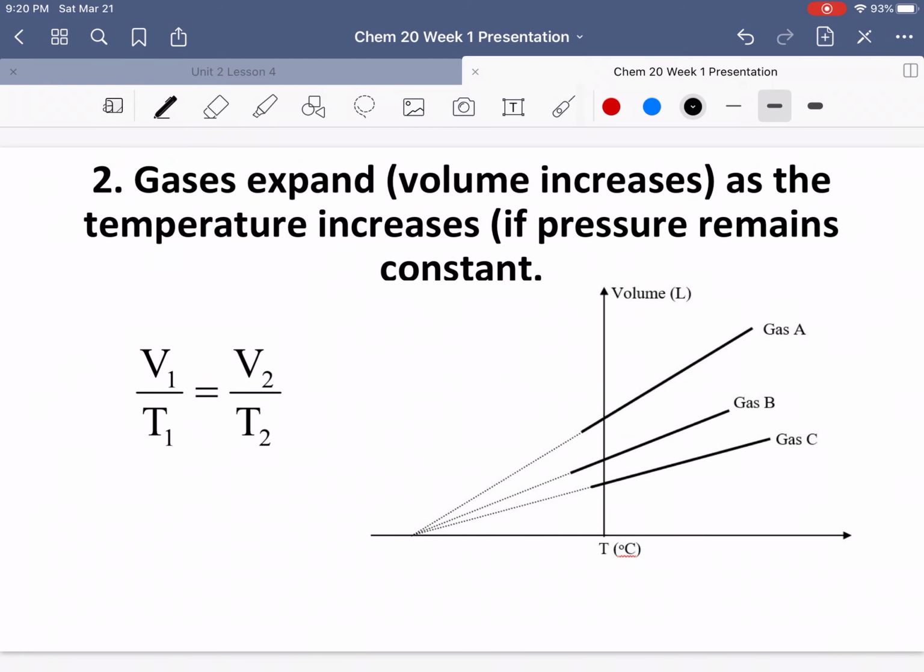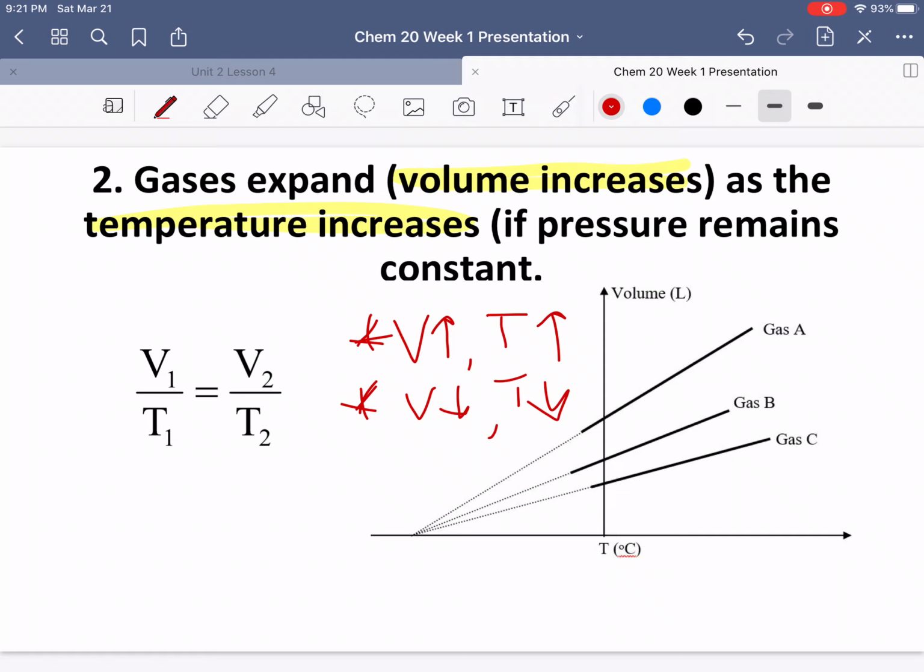Here's another relationship. Gases expand. In other words, volume goes up as the temperature goes up. So we say again, this is not an inverse relationship. This is a direct relationship. Consider what this means. This means that if volume goes up, then temperature goes up. This also means that if volume goes down, the temperature will go down.